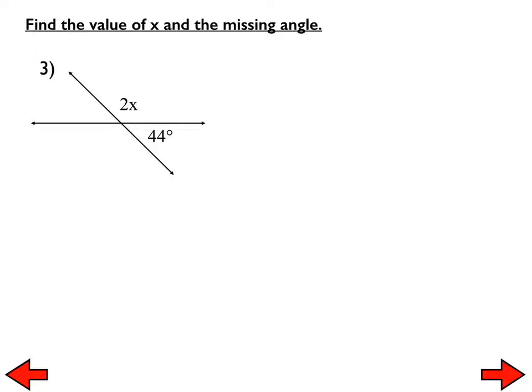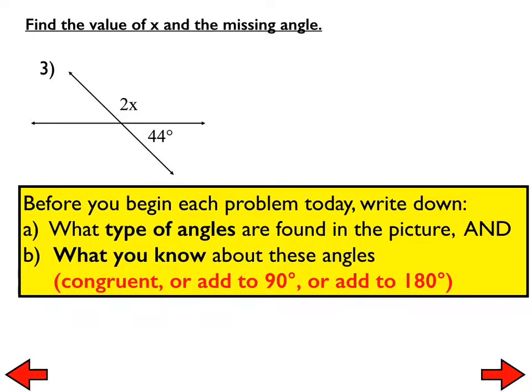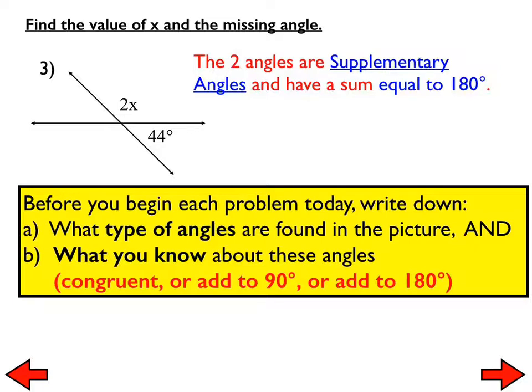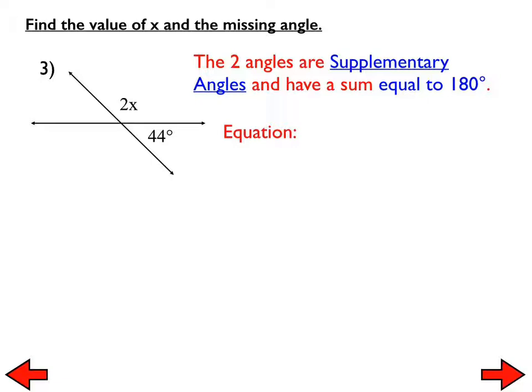That's what makes them supplementary, or you could think of it as a linear pair. Based upon that fact, they have a sum equal to 180 degrees. So our equation should look like this: 2x plus 44 is equal to 180. We subtract 44 from both sides, then divide both sides by 2, and we get x equals 68.